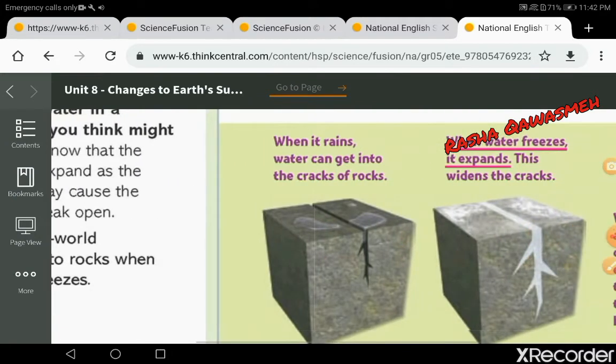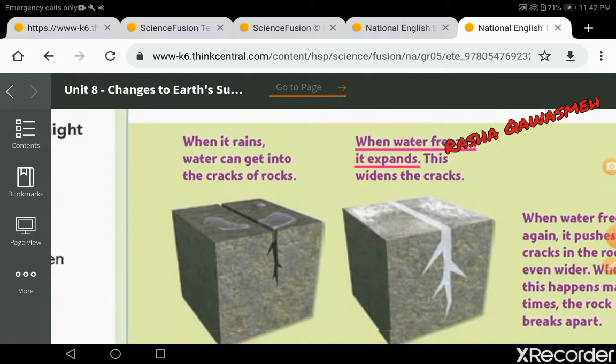Now let's see here. If we have cracks in rocks, do you remember when we talked about that previously? Yes, we have cracks in the rocks when water gets inside because of rain. When it gets inside these cracks and the temperature gets very low, what happens to water?